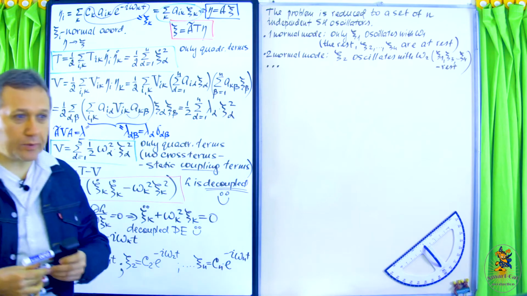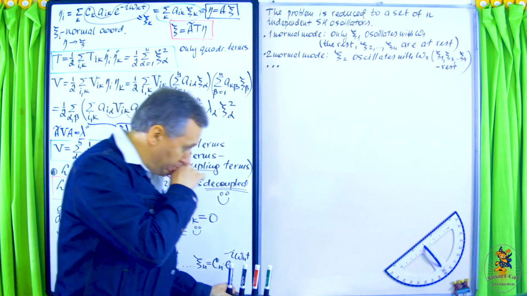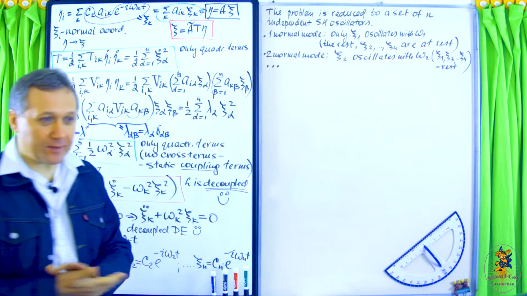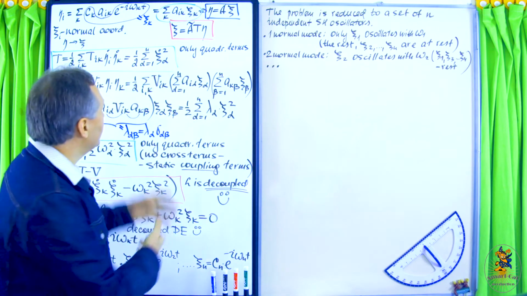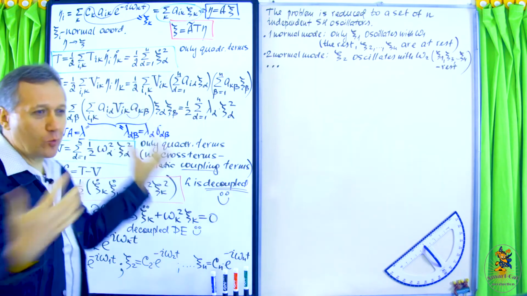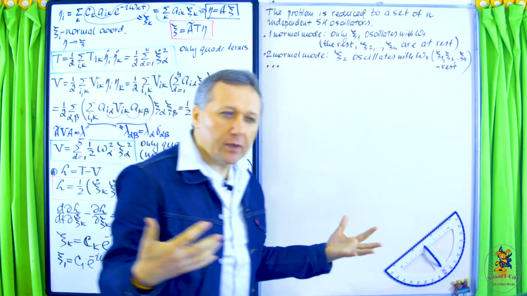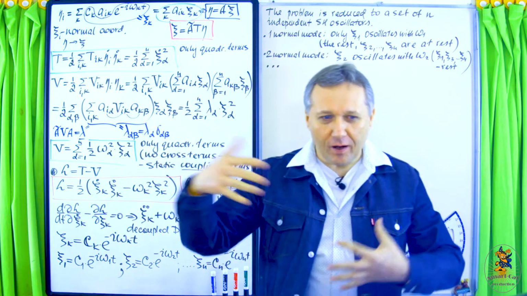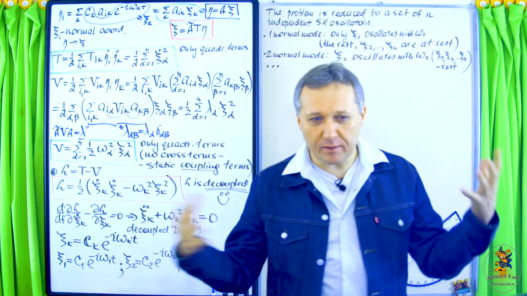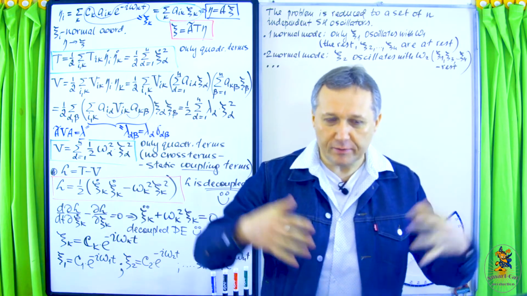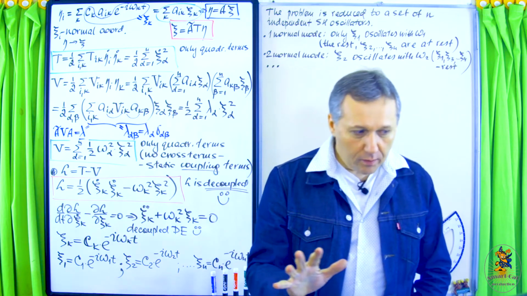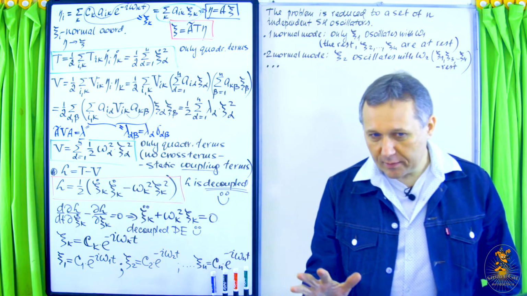Okay, so now at this point, it's great that you can find such a coordinate psi where the Lagrangian is decoupled and the system consists of n independent simple harmonic oscillators. Everything is beautiful, everything is great, but the question is, how can you get these psi's?